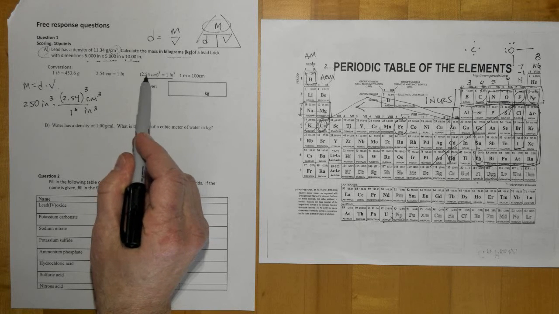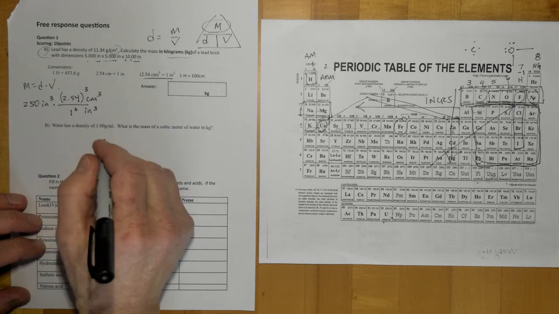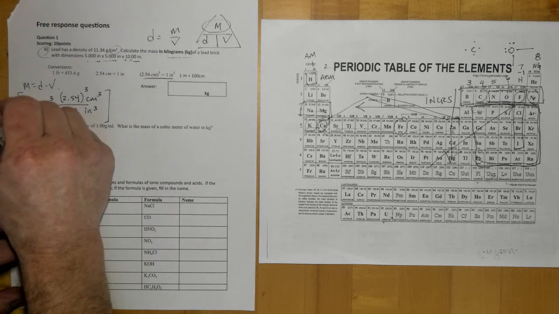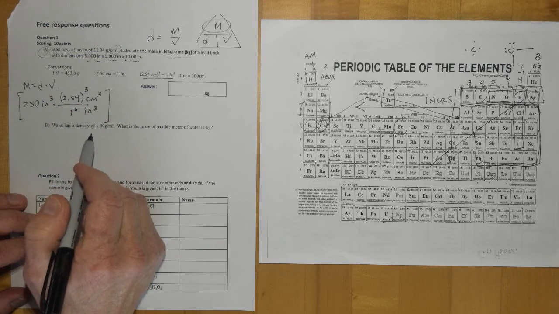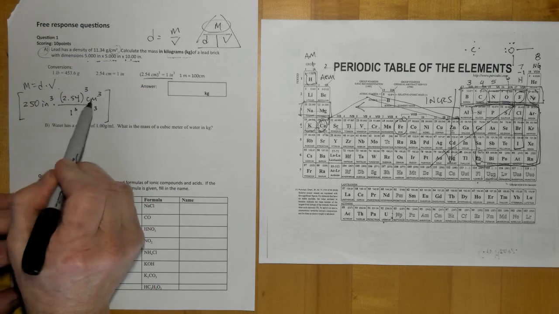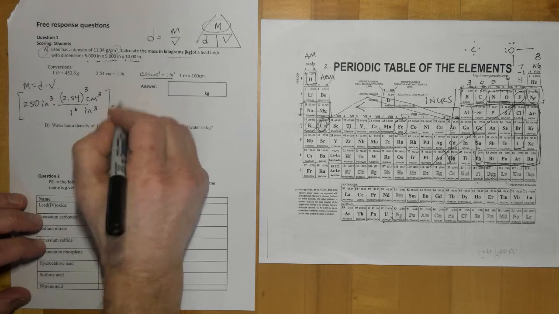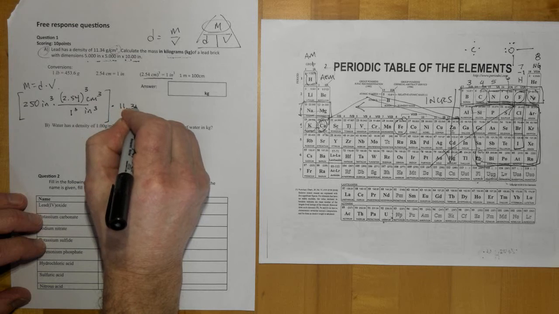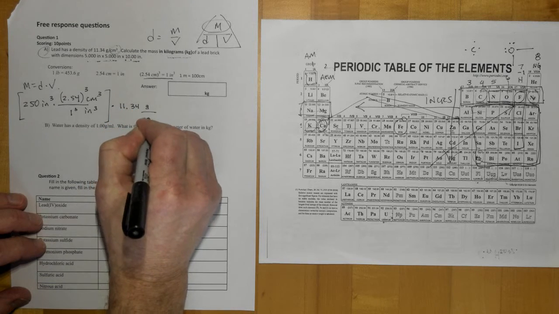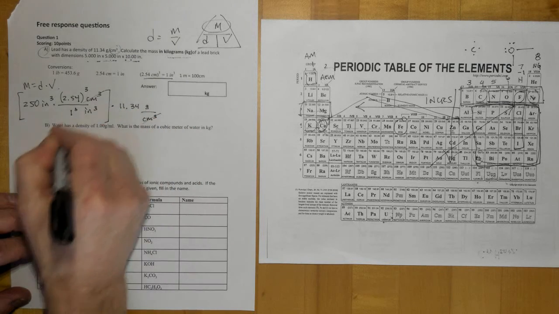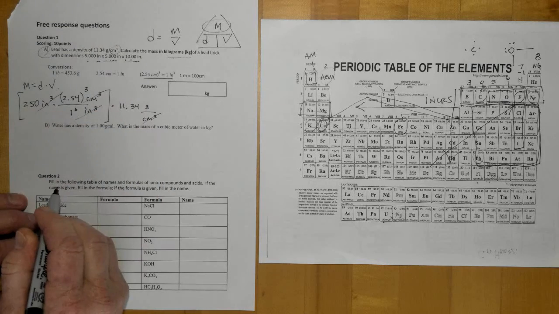That means you cube the centimeters and cube the 2.54. So now this will give you your volume in cubic centimeters, and then we can multiply that times the density, which is 11.34 grams per cubic centimeter, because then our cubic centimeters will cancel, and we'll end up with our units in grams.